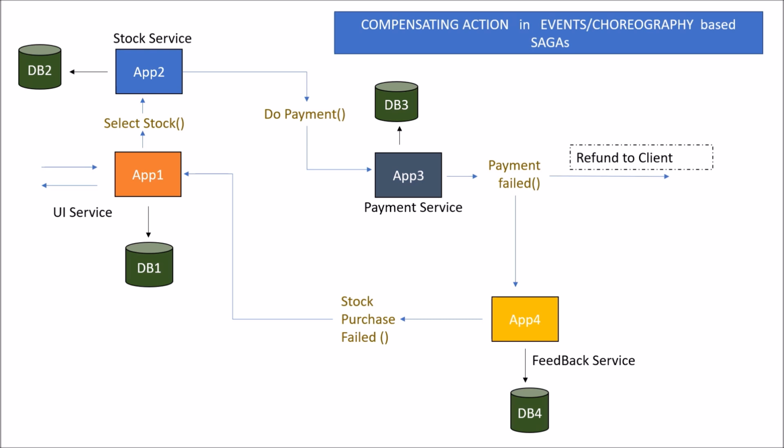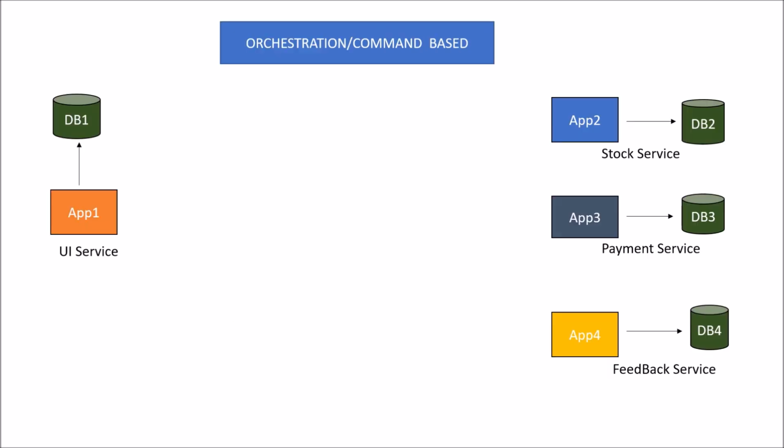Let's talk about the orchestration based or command based approach for the Saga Design Pattern. In the orchestration or command based approach, the microservices do not directly interact with each other. Instead of that, we have a common orchestrator to perform such actions.